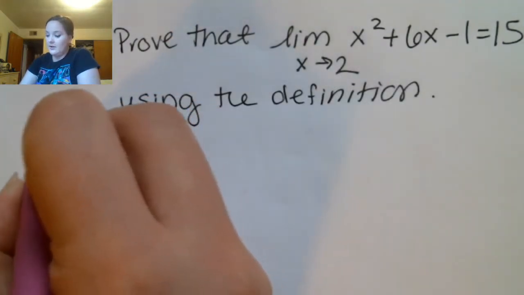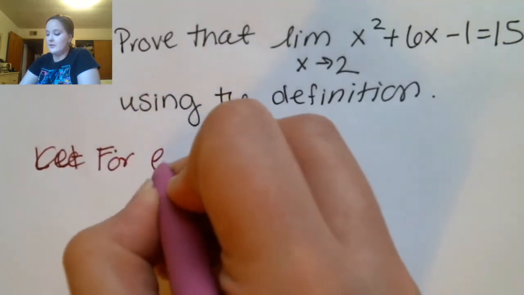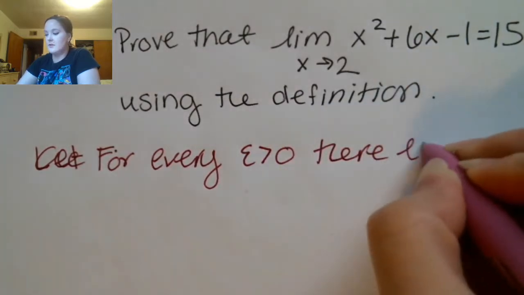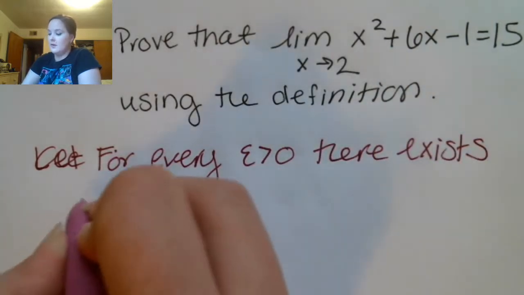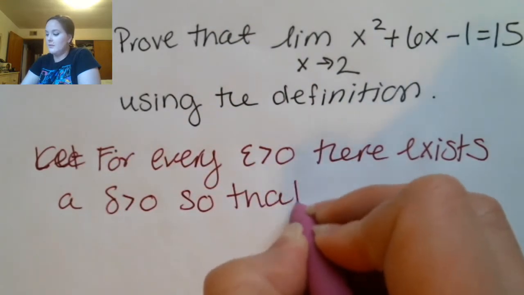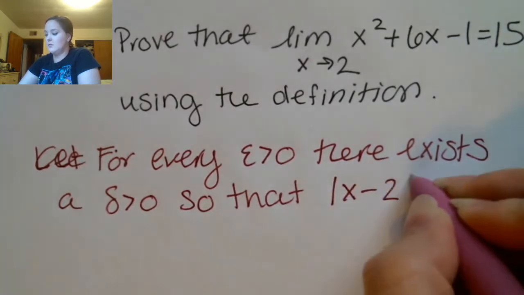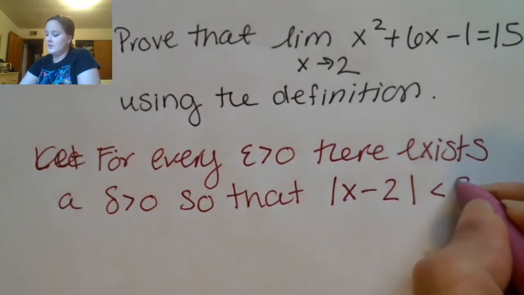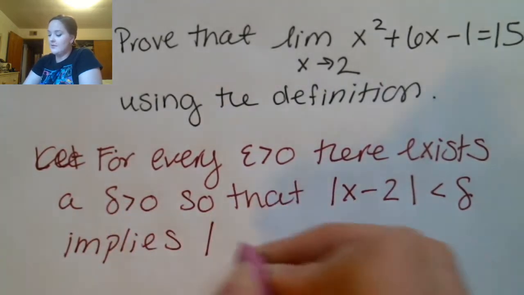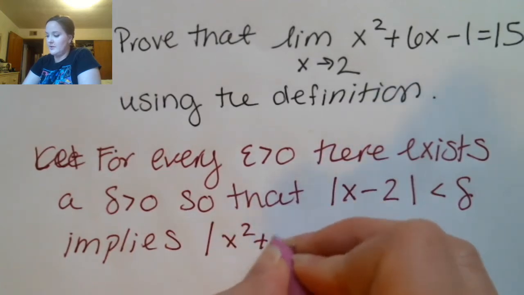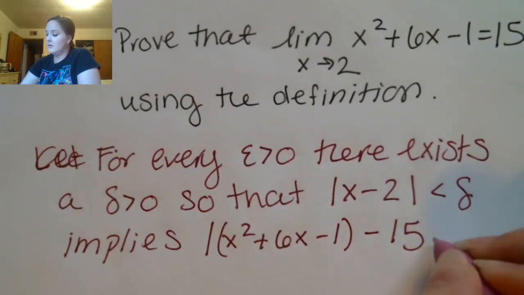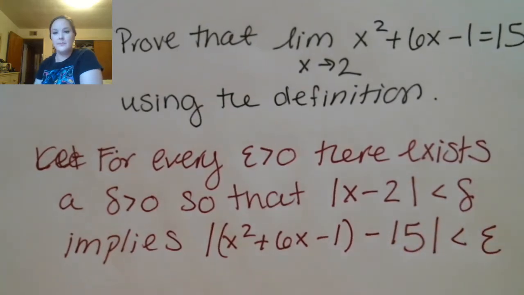So for every epsilon greater than 0, there exists a delta greater than 0 so that absolute value of x minus 2, right, x minus a, less than delta implies the absolute value of f of x, which in this case is x squared plus 6x minus 1, minus L, which is 15, is less than epsilon.